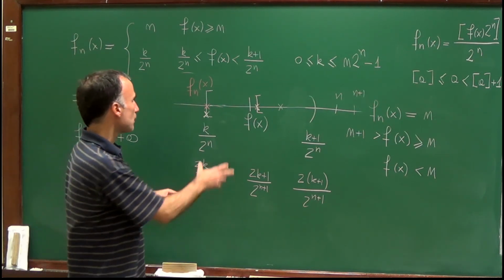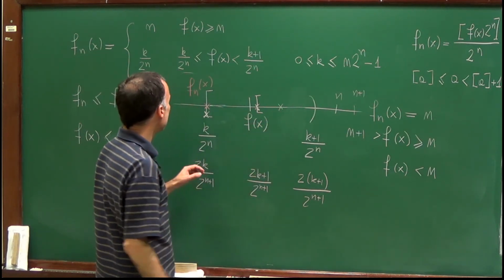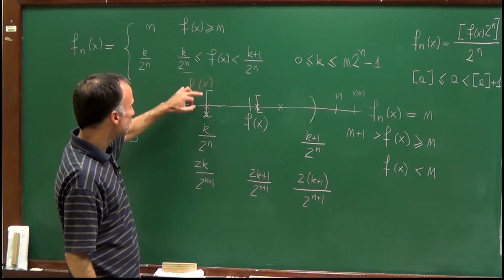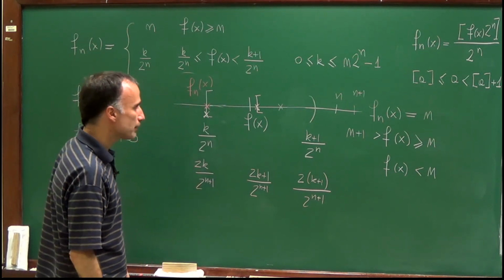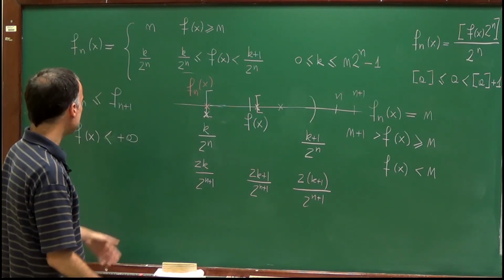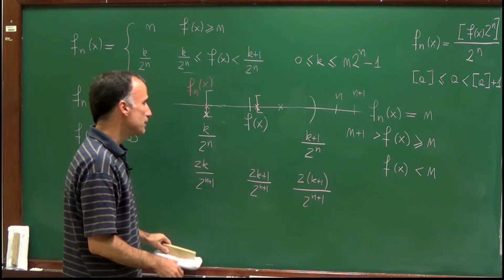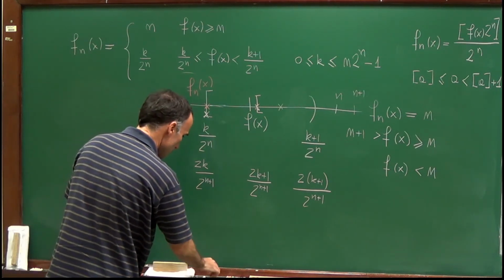In any case, if it's either in this interval or in the second interval, we always have that fn of x is less than or equal to fn plus 1. Okay, so this is the idea. This is a picture which explains, and now we have to turn this idea, this picture, into a proof.